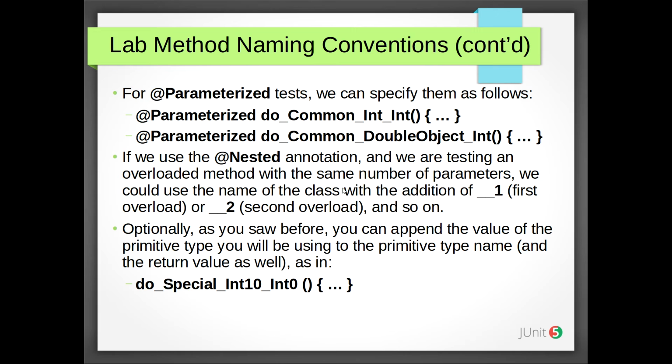If we use the @Nested annotation and we are testing an overloaded method with the same number of parameters, we could use the name of the class with the addition of __1, first overload, or __2, second overload, and so on.